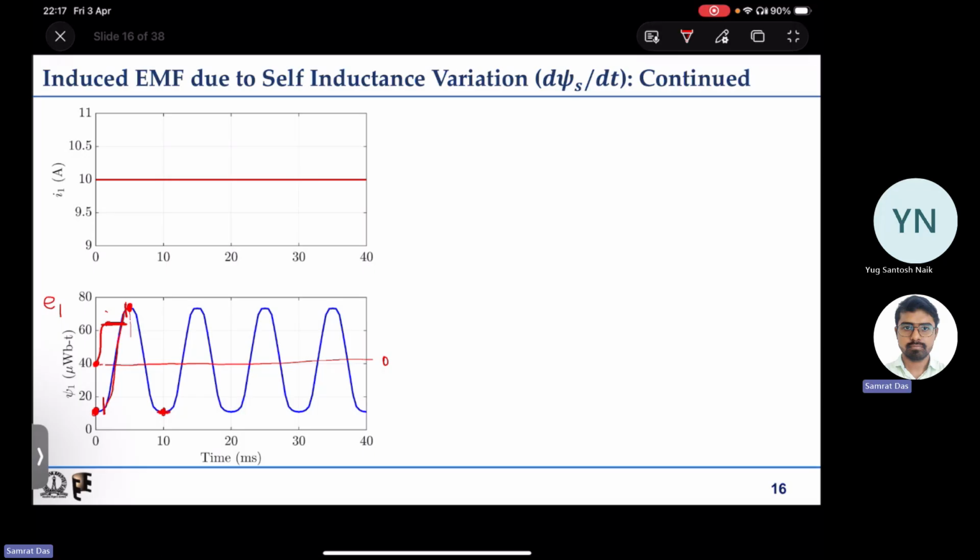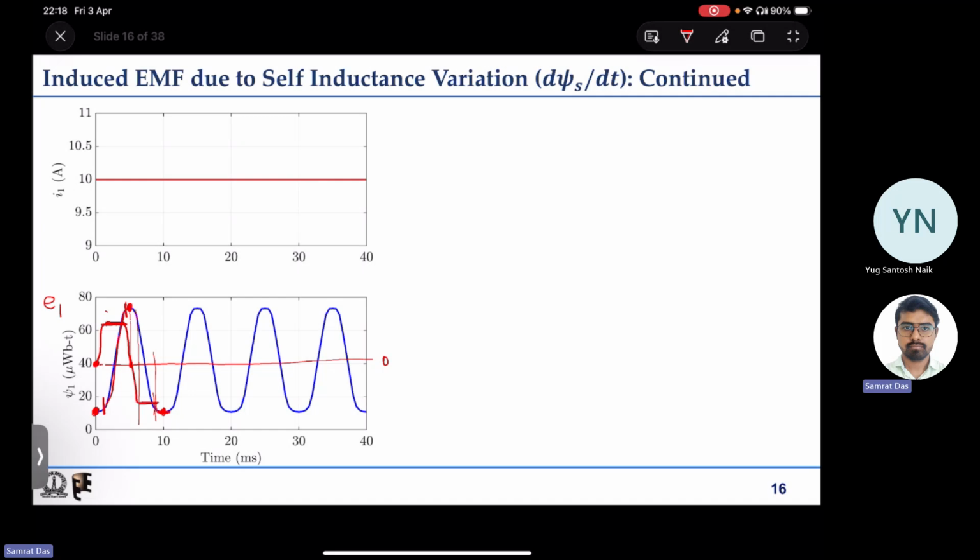So at this instant, the induced EMF has to be 0. So it has to come back to 0 like this. Again, from some point here to some point here, the slope is negative, so the induced EMF will also be negative. In between, it comes like this.